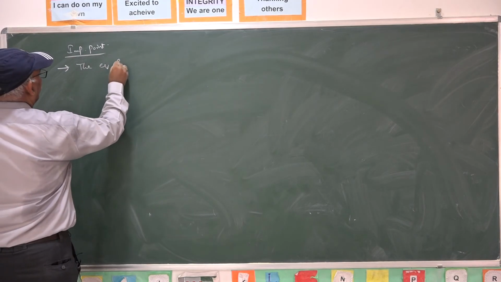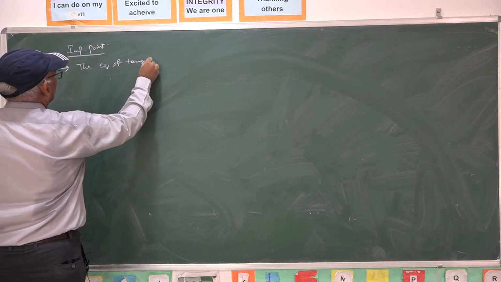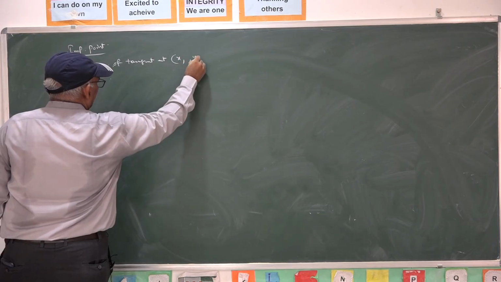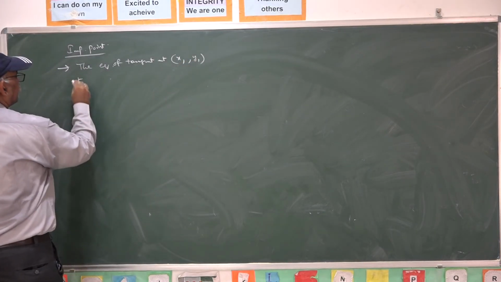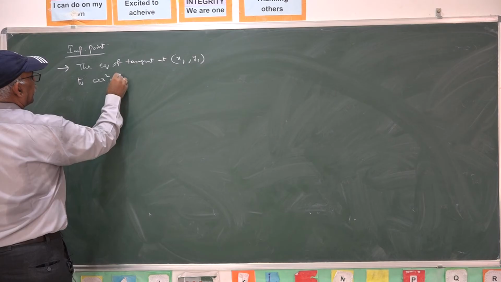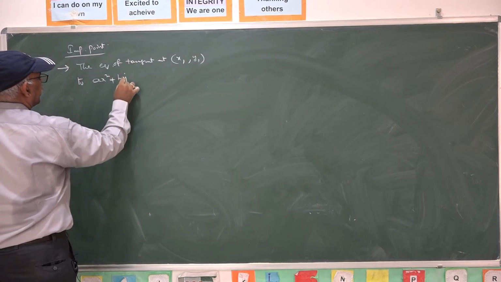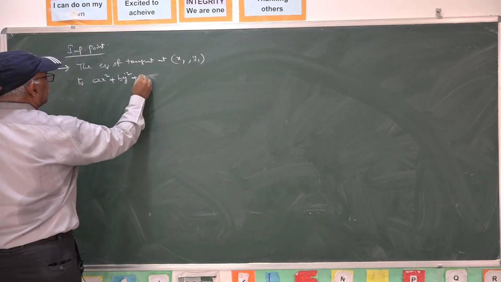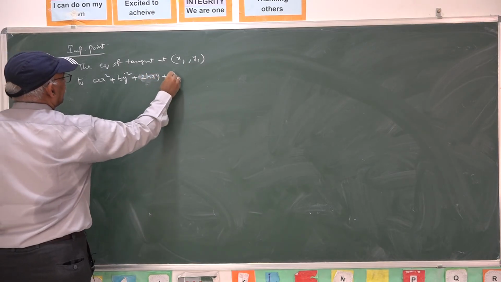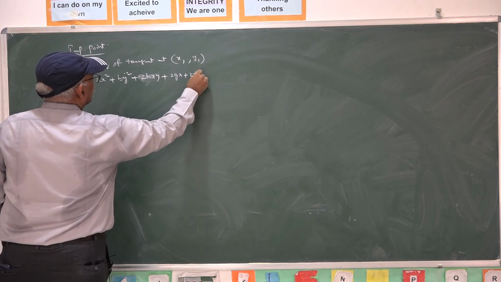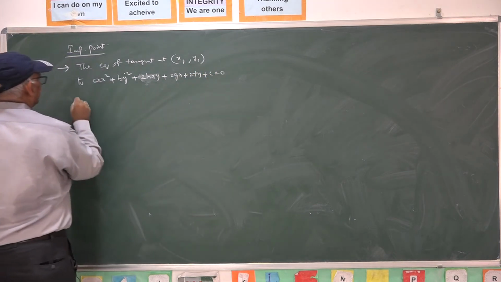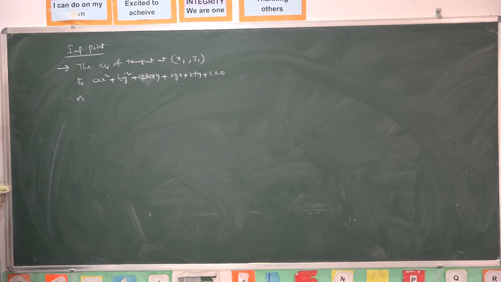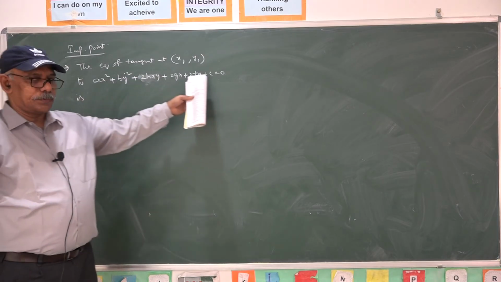The equation of tangent at x1 comma y1 to ax square plus by square plus 2hxy plus 2gx plus 2fy plus c equal to 0 is the equation of tangent at x1 y1 to the second degree curve.